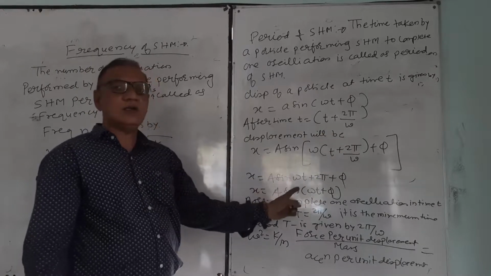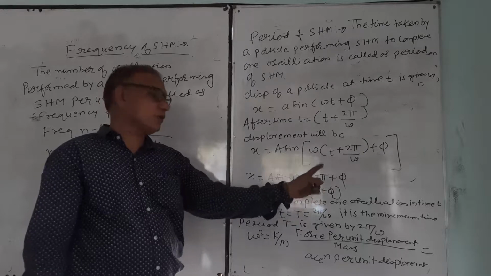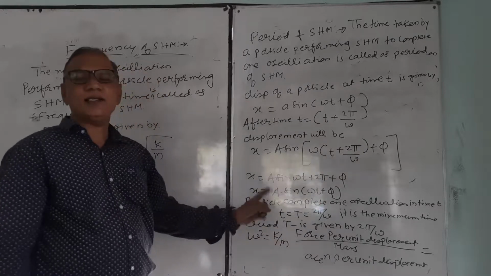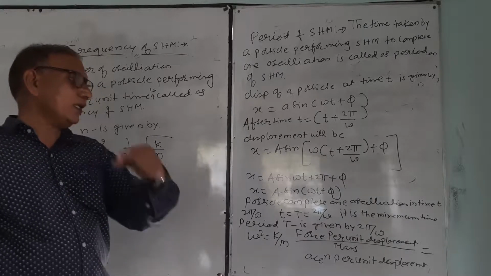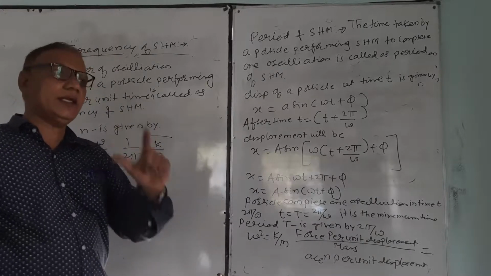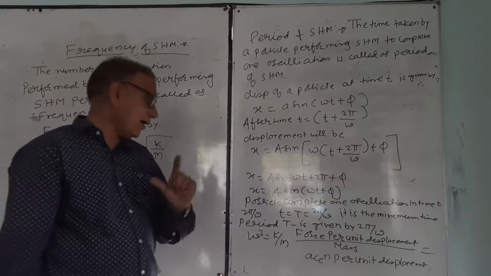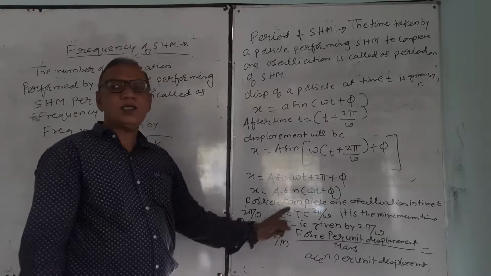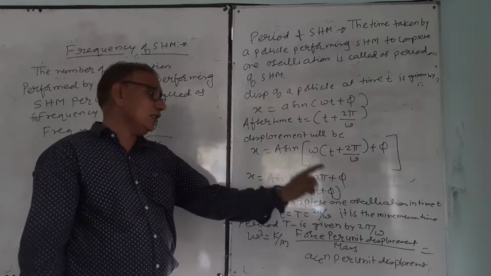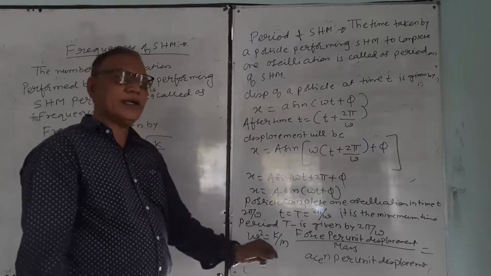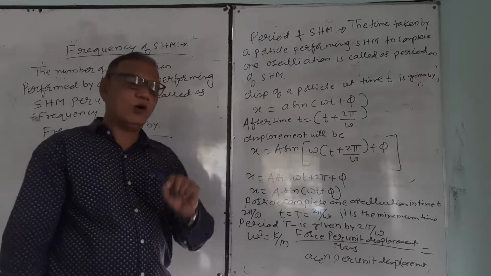Modify this: x is equal to a sin of omega t plus twice pi plus phi. This can be written as x is equal to a sin of omega t plus phi. The particle completes one oscillation in time twice pi by omega, therefore small t is equal to capital T is equal to twice pi by omega, and it is the minimum time. Therefore period T is given by twice pi by omega.